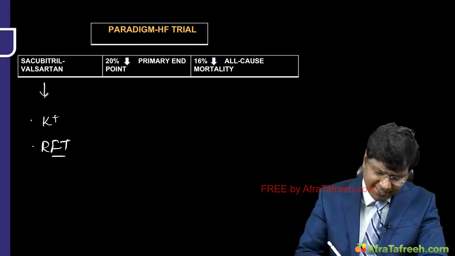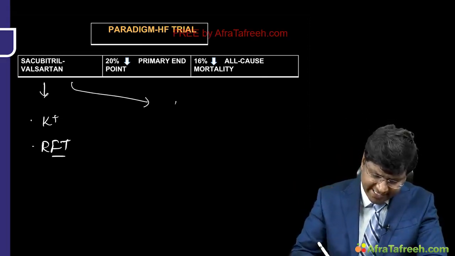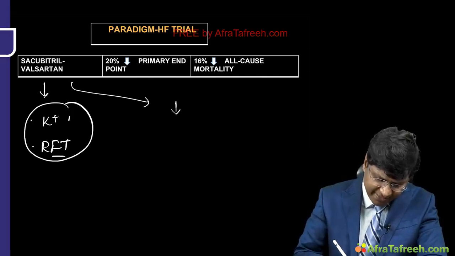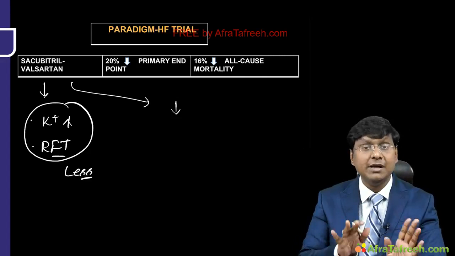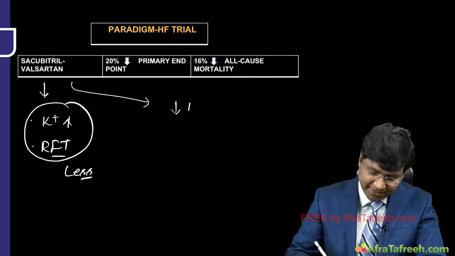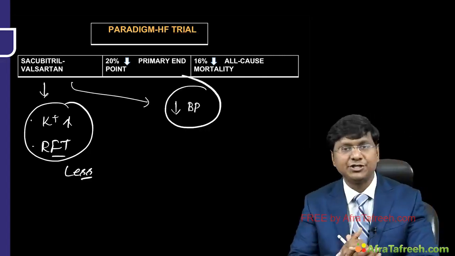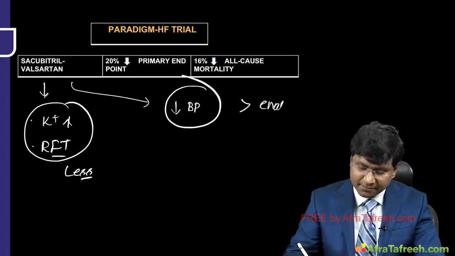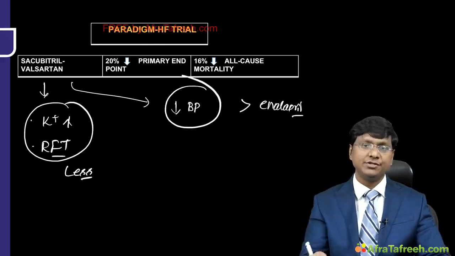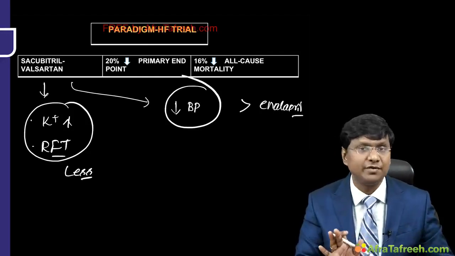But hyperkalemia and renal failure are less with this combination; however, this combination has caused significant hypotension, right? When you compare this with enalapril, sacubitril plus valsartan has caused more hypotension. So that is what you need to be very careful with.